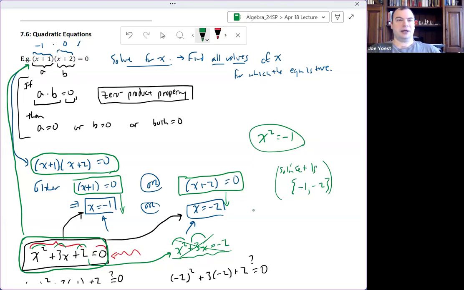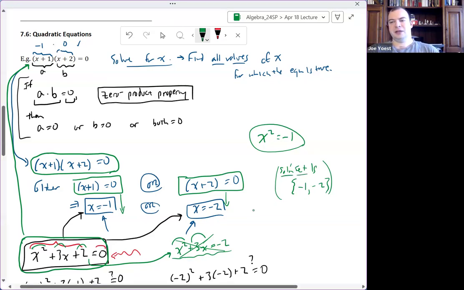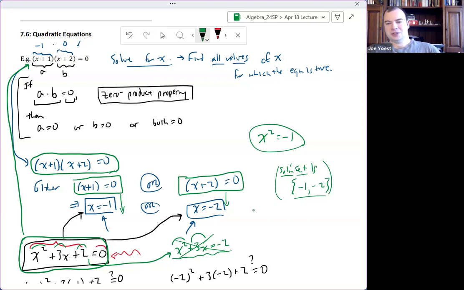So it's possible that in your MAT080 class or in high school, or maybe even in our 108, depending on which instructor you take, they might like this solution set notation. I think it's a lot of superfluous stuff and syntax and ideas. So I would just say something like the solutions to the equation are x equals -1 and x equals -2, and I would leave it at that.